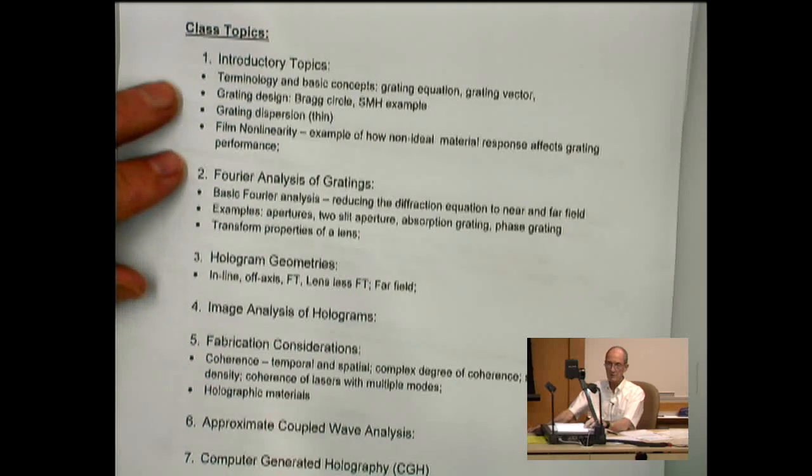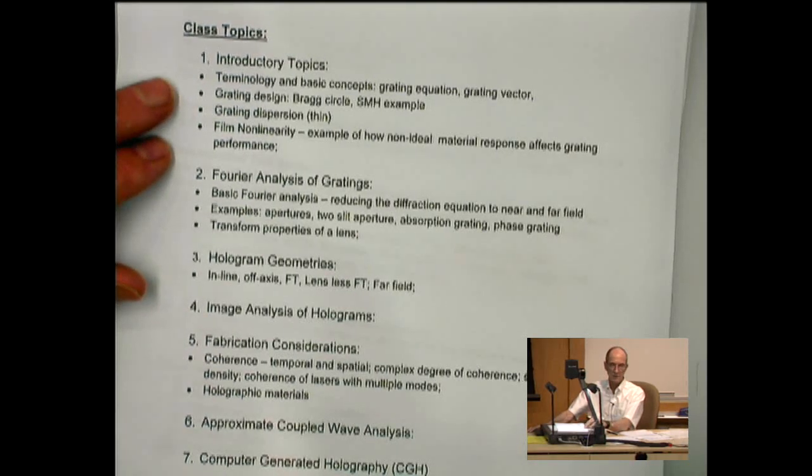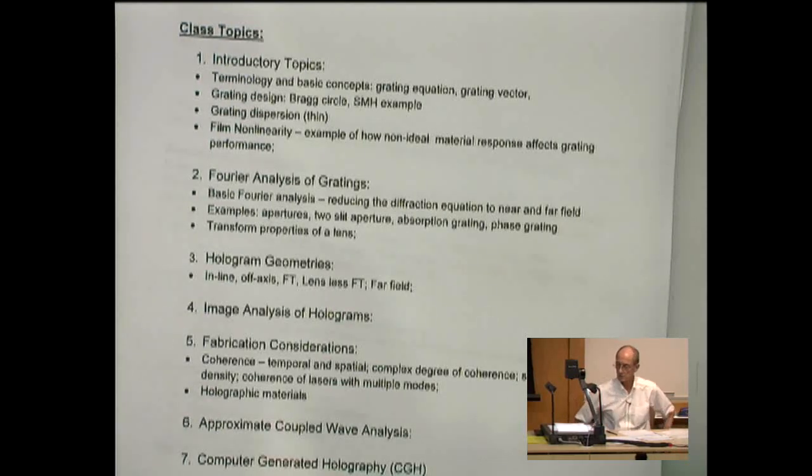But we'll have an introductory phase for the class, a couple of lectures talking primarily about terminology and things that you'll need to know. I'll be talking about them, and you'll be wondering what I'm talking about.